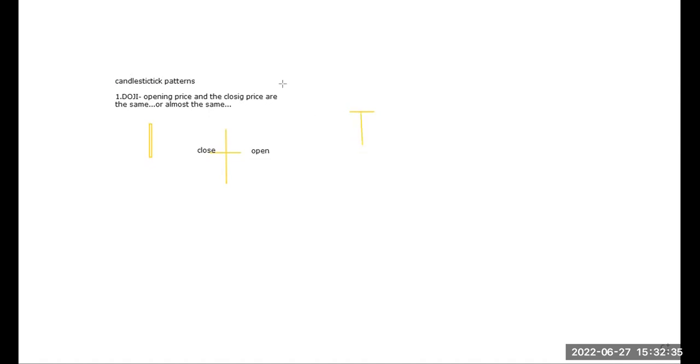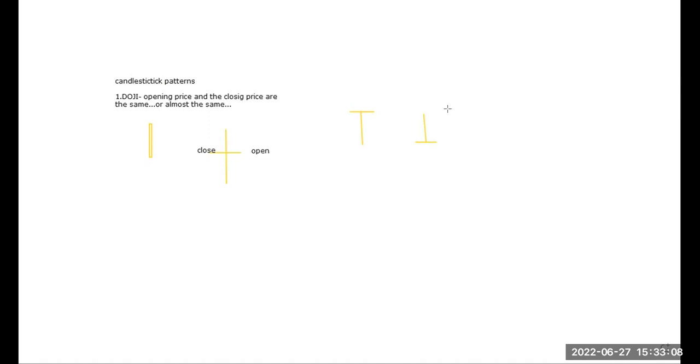It can represent itself this way, or this way, or this way, just the inverse of that. So that's also another doji, right? You don't need to know the names in detail. You just need to know the overall name, which is doji.